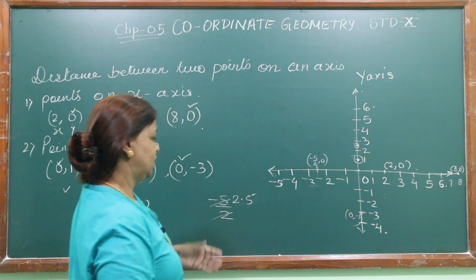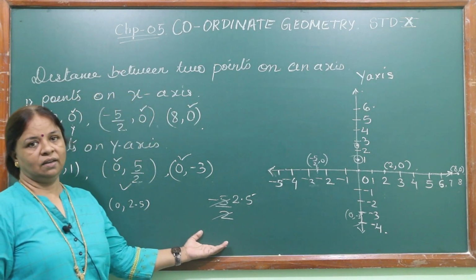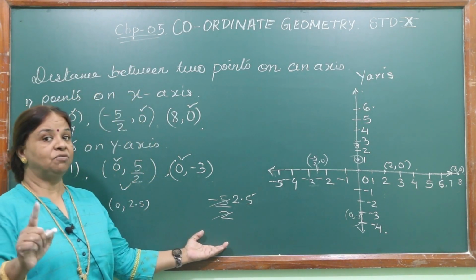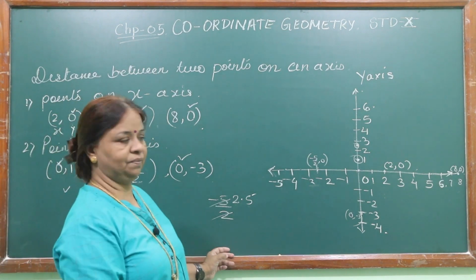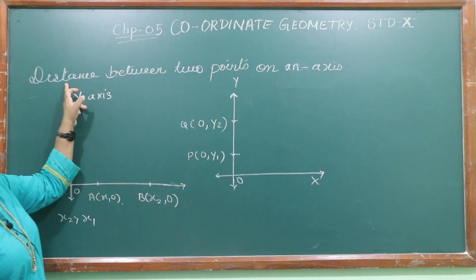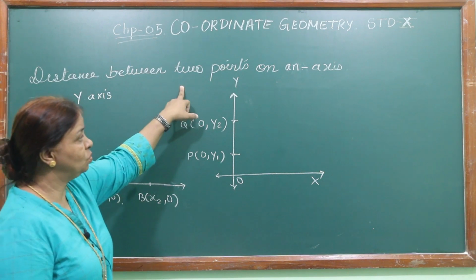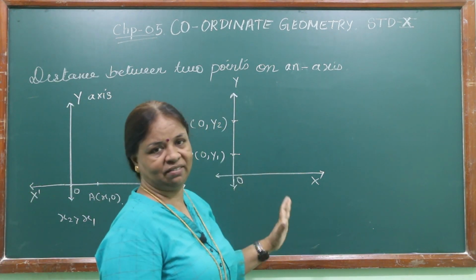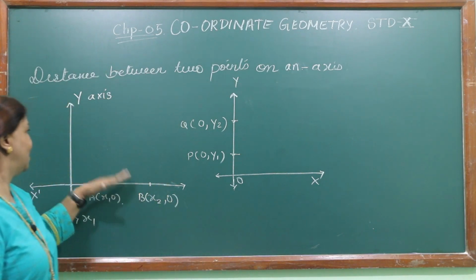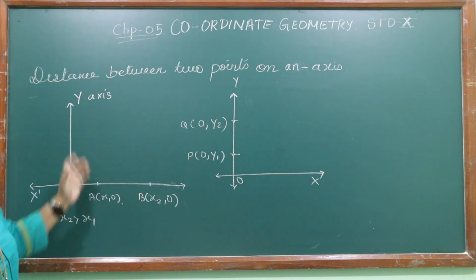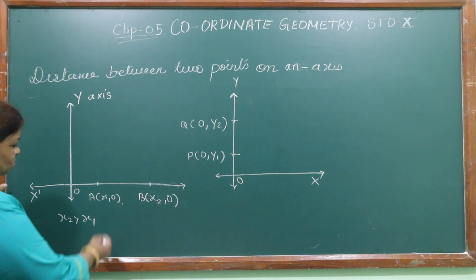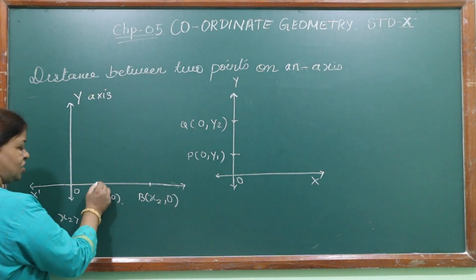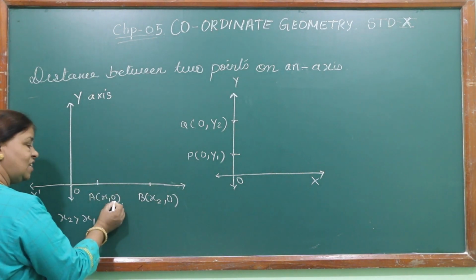So children, this you will learn in detail in chapter 1 when you have to learn plotting of graphs. See children, we will be learning now to find the distance between the 2 points on an axis. Now we know that there are 2 axes: one is the x-axis and another one is the y-axis. You can see in this picture there is a point A which has coordinate (x1, 0).